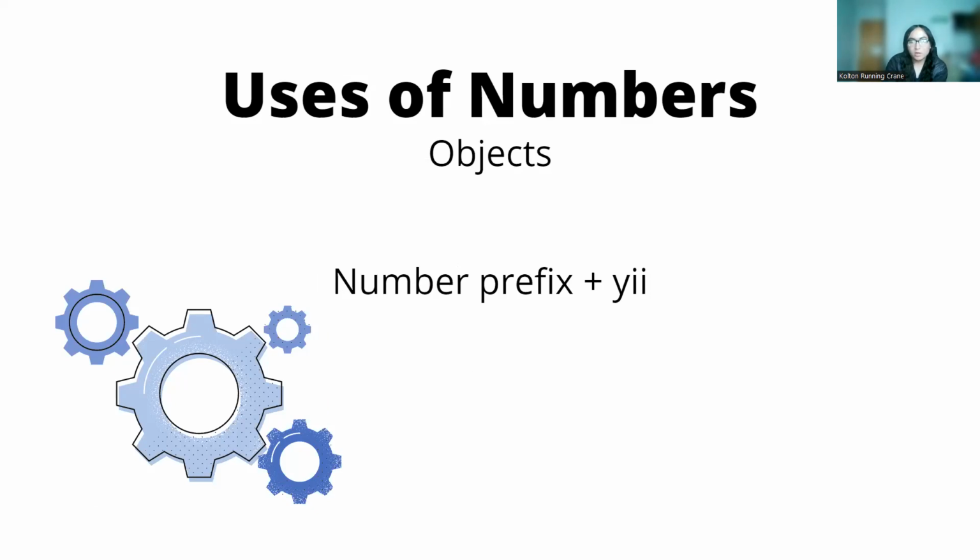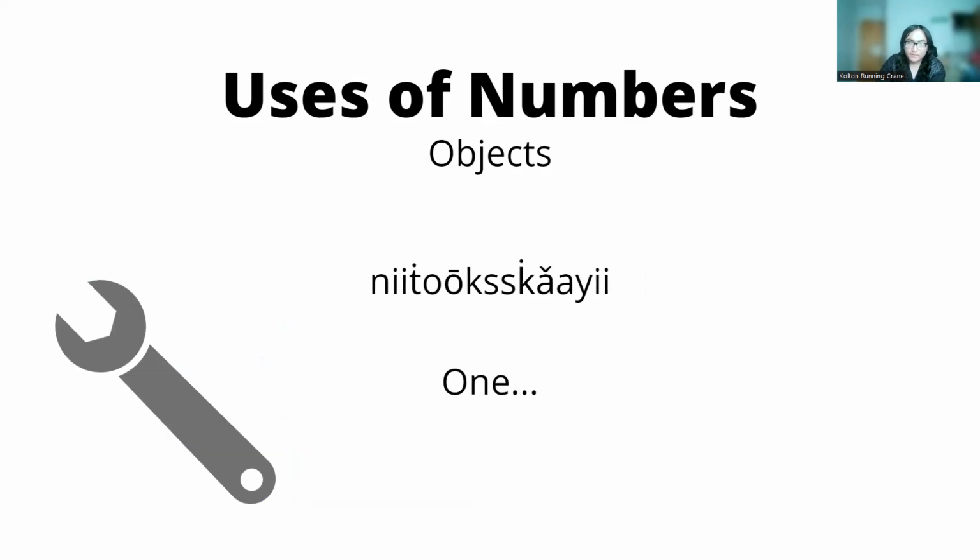And then when you're talking about objects, you're just taking the number and adding yi. For instance, you take nidukska, you get nidukskai. You could pronounce it all the way, but a lot of people kind of shorten it.